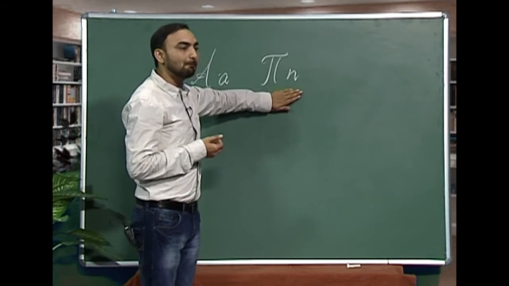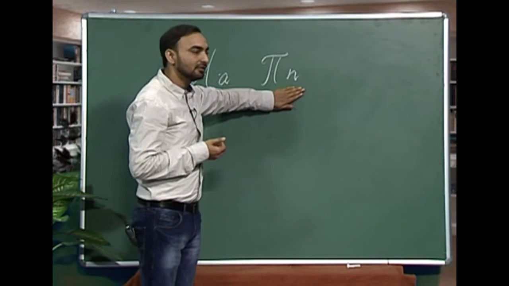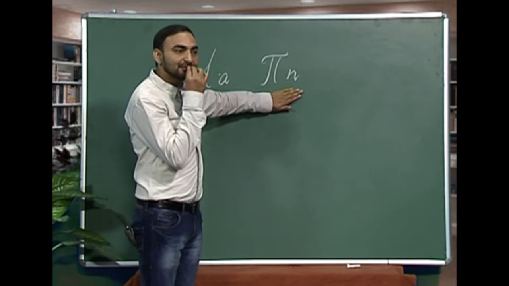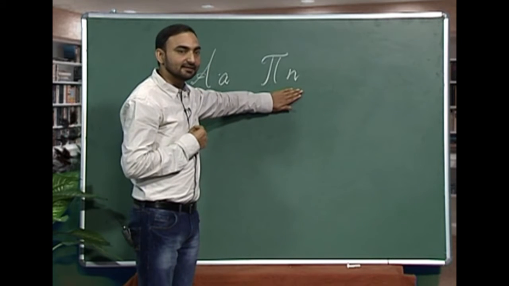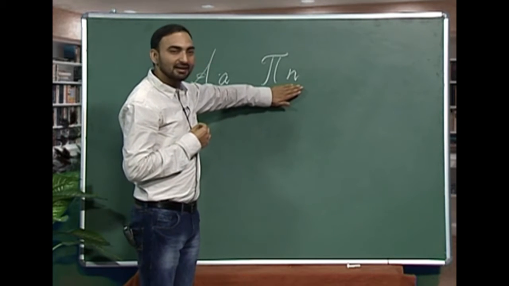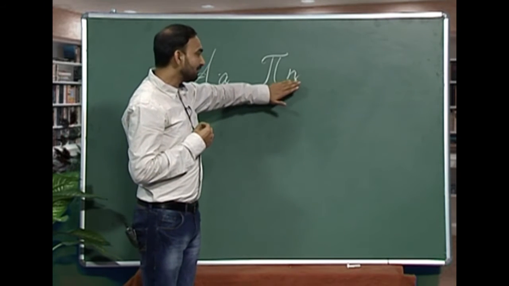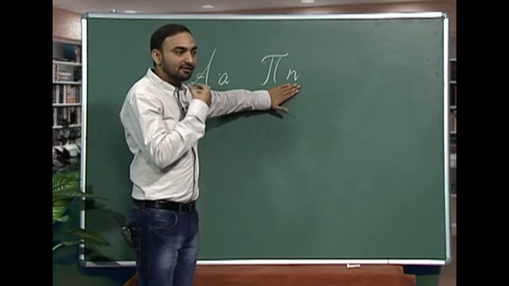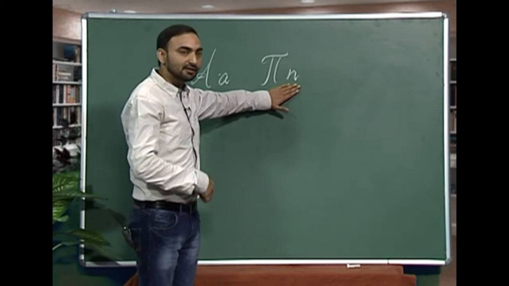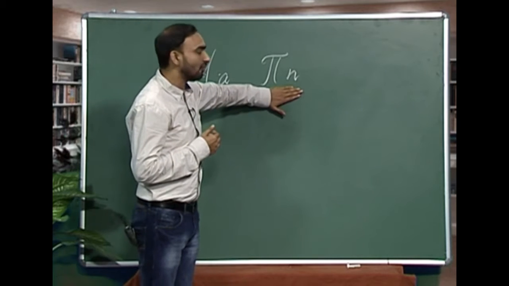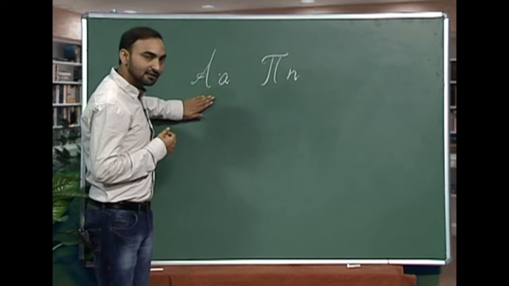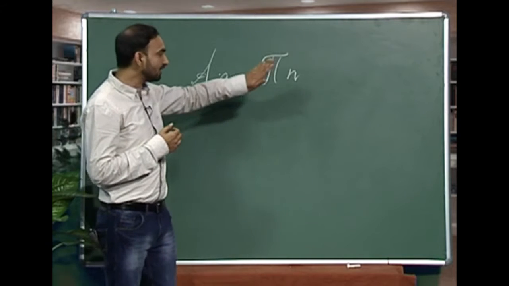This is P. When we pronounce this letter, our lips touch each other. It is called a bilabial consonant. Why? Because we feel an obstruction in the air while it comes out from the lungs. That is why it is a consonant. I hope you have understood the difference between a vowel and a consonant.